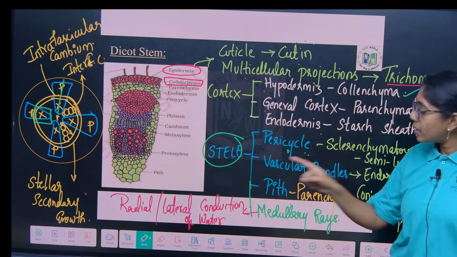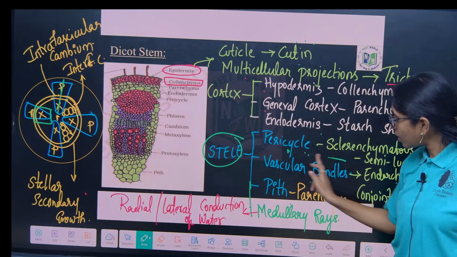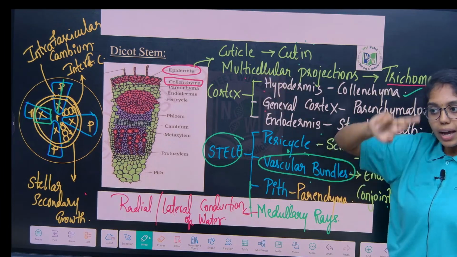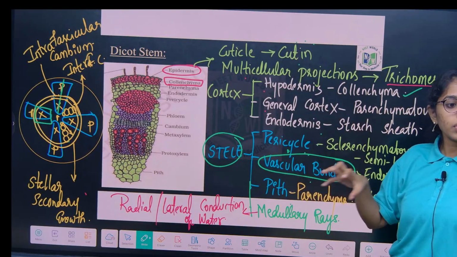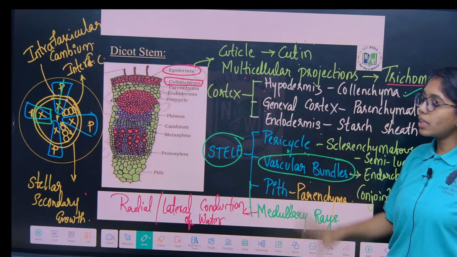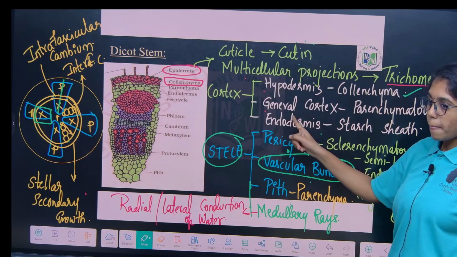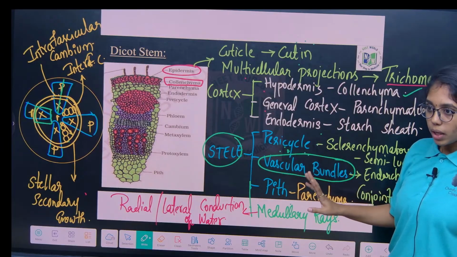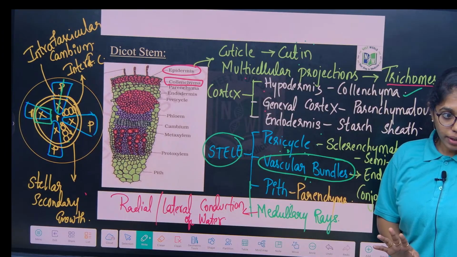You will think stelar region comes under vascular tissue system. No. Only vascular bundles come under vascular tissue system. Epidermis comes under epidermal tissue system. Apart from these two, everything comes under ground tissue system. That is the reason it is called fundamental tissue system. Now tell me what regions come under fundamental tissue system? General cortex, endodermis, medullary rays, pericycle. Under vascular tissue system? Any doubt anywhere? Clear, right?